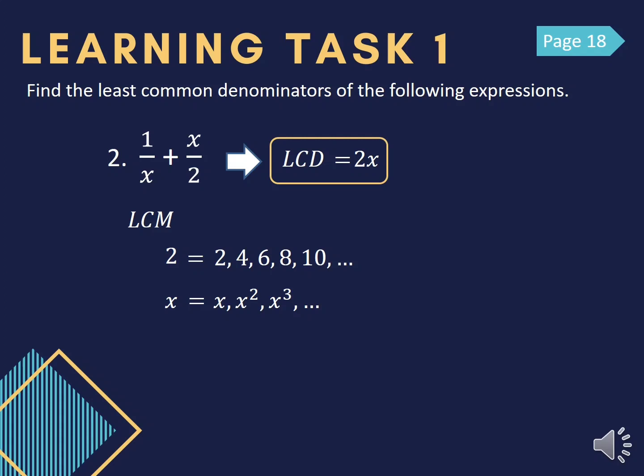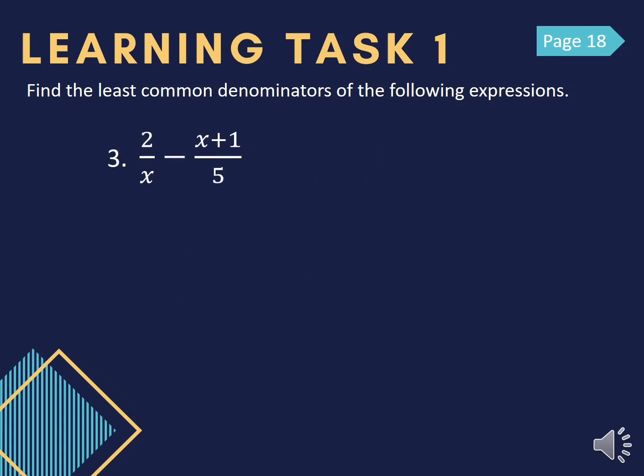So we have 2x. For our given number 3, the given is 2 over x minus x plus 1 all over 5. So in this case, the denominators are 5 and x. Now let us find their least common multiples. Multiples of 5 are 5, 10, 15, 20, 25, and so on and so forth.